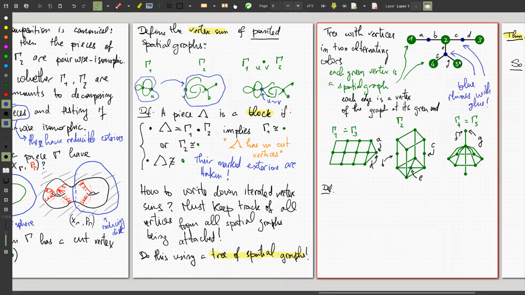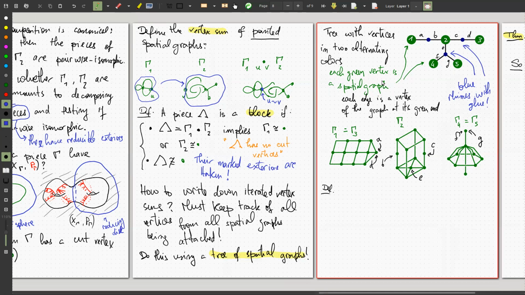So what this means is that you're going to glue all the vertices that correspond to the edges at a same blue vertex. You see, so for example, this blue vertex here tells you that you want to attach the graph gamma 1 to the graph gamma 2 by gluing vertex A to vertex B, and so forth, and so forth.